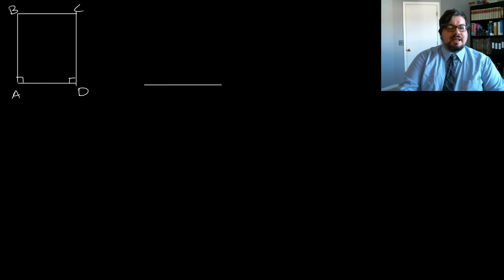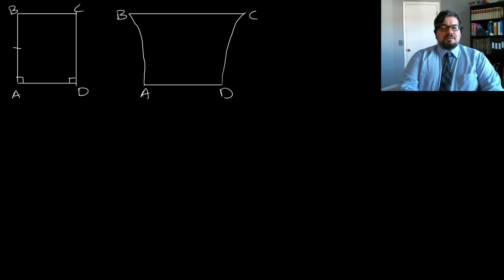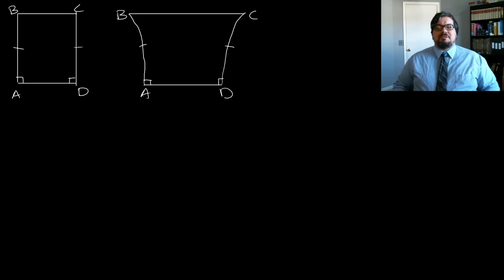But the other way that Saccheri quadrilaterals can look, if we're on a non-Euclidean space which looks curved to our eyes, is something like this. So as I said, this looks a little strange to us, but as it turns out, this is a way of visualizing what can happen in non-Euclidean geometries.